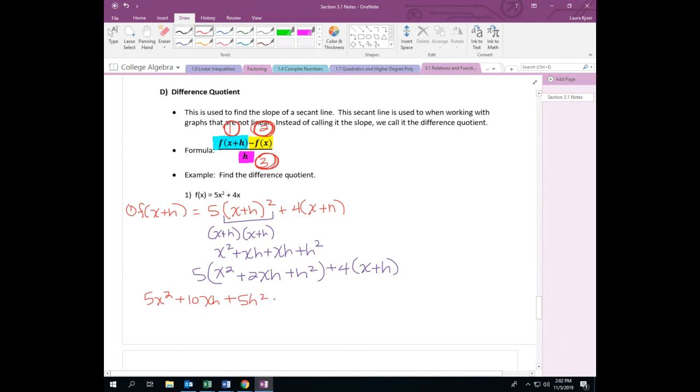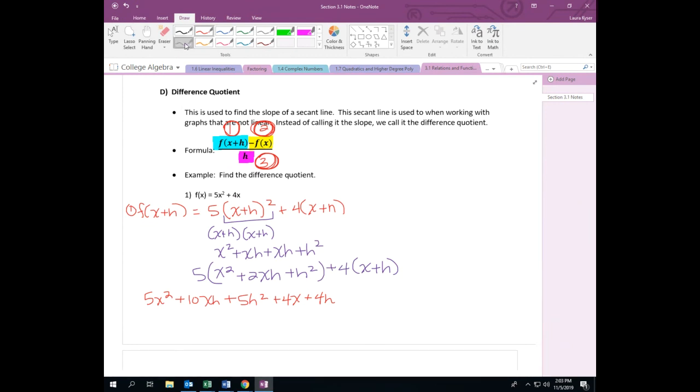Distribute the 4 times x, and 4 times h. Now, it kind of stinks, but all of that is f of x plus h. So that's the first step done.